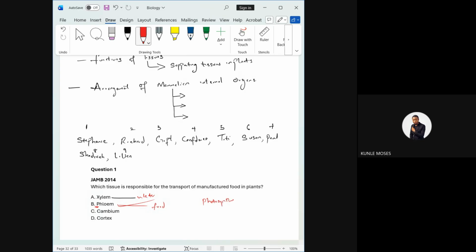Anytime you see P, you know that it is food. You get the logic. P starts with phloem. P also starts with photosynthesis. Anytime you see P, it's photosynthesis, so it's for food. So xylem is the other one for water. And so, over to you, Richard.